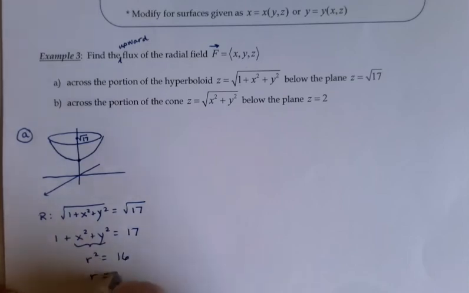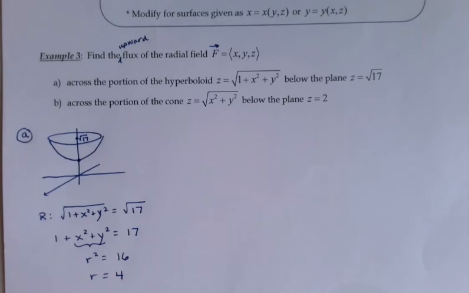So r is 4, and in the xy plane I would be looking at a circle of radius 4. So there's r. When I get to the point of setting up my limits of integration, I'll be able to use that.